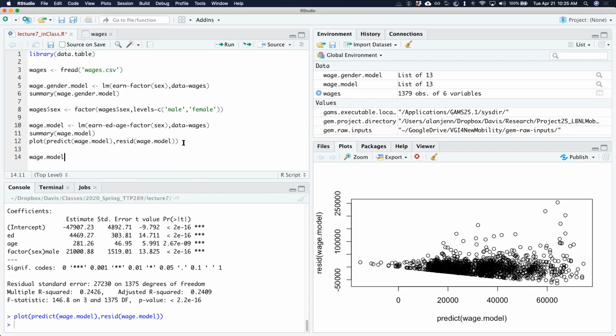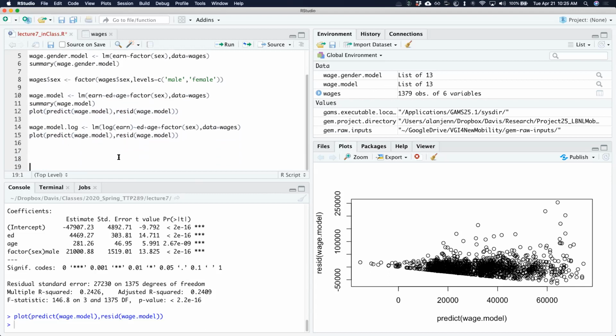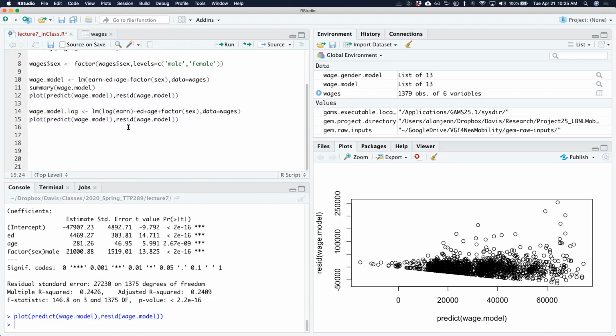So we can do that here. I'm going to run the exact same regression with a log, and then we can take a look at what that looks like in terms of the results, as well as if it helped at all with our diagnostics.